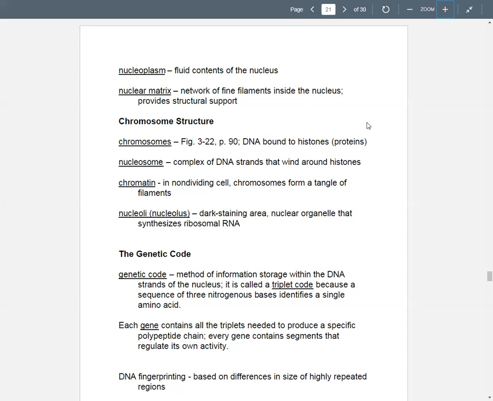Now, inside your nucleus, you're also going to find DNA. And most of the time, your DNA is going to exist in what we call chromatin. Okay? Because most of the time, the cell's not dividing. There's only a small amount of time where the cell's actually divided. And it's basically a tangle of different filaments.